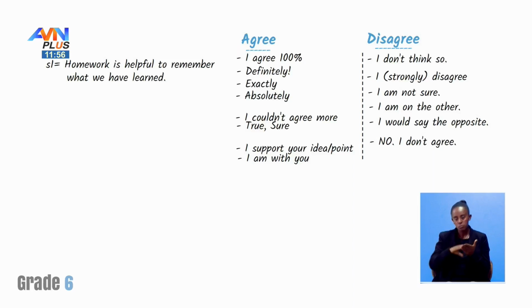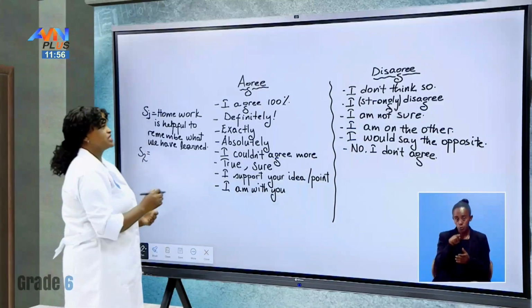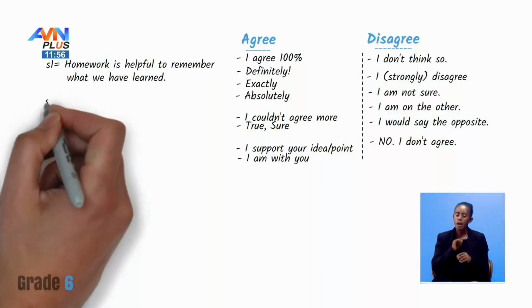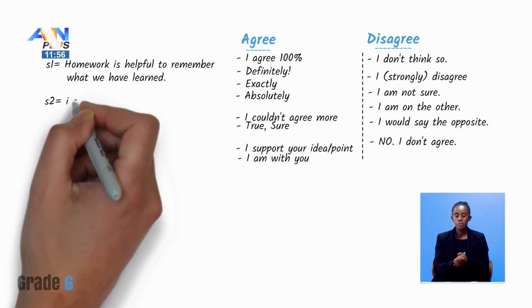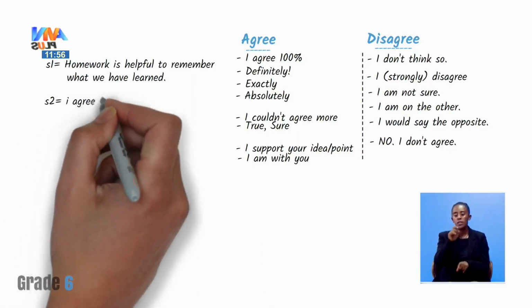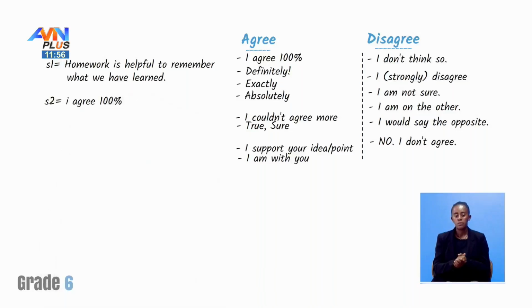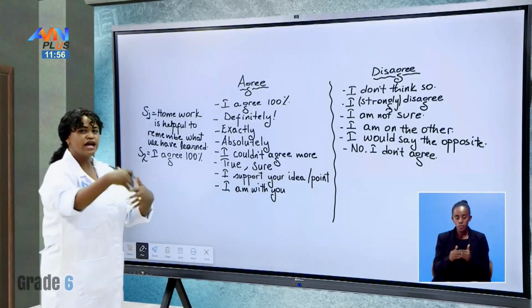Look, student 1 says like this: homework is helpful to remember what we have learned. Yes? How do you agree for this one? Let us use one of these. You can say what? Student 2, which is you, all right? How do you say? I agree 100%.